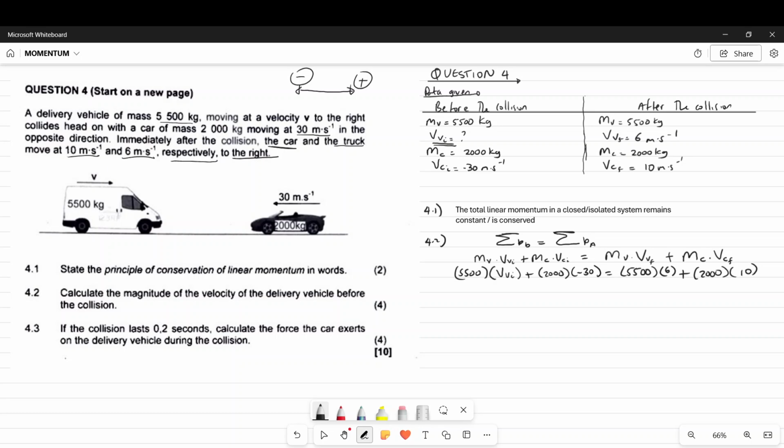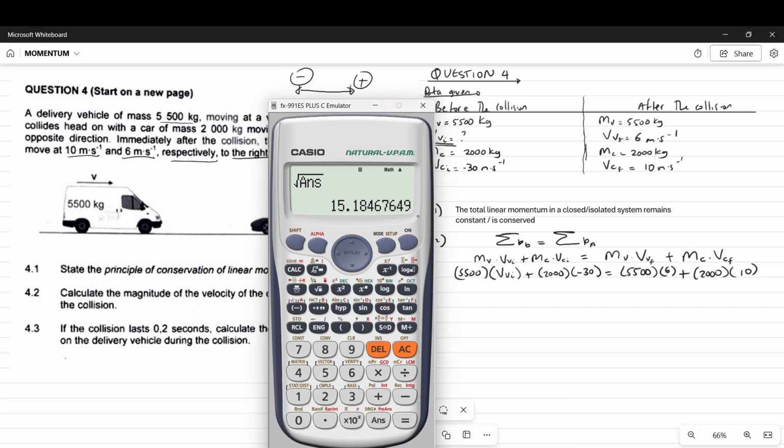So now once you're done, we can start to simplify. You can take out your calculator. Now let's start simplifying. So 2,000 times negative 30, that's negative 60,000.